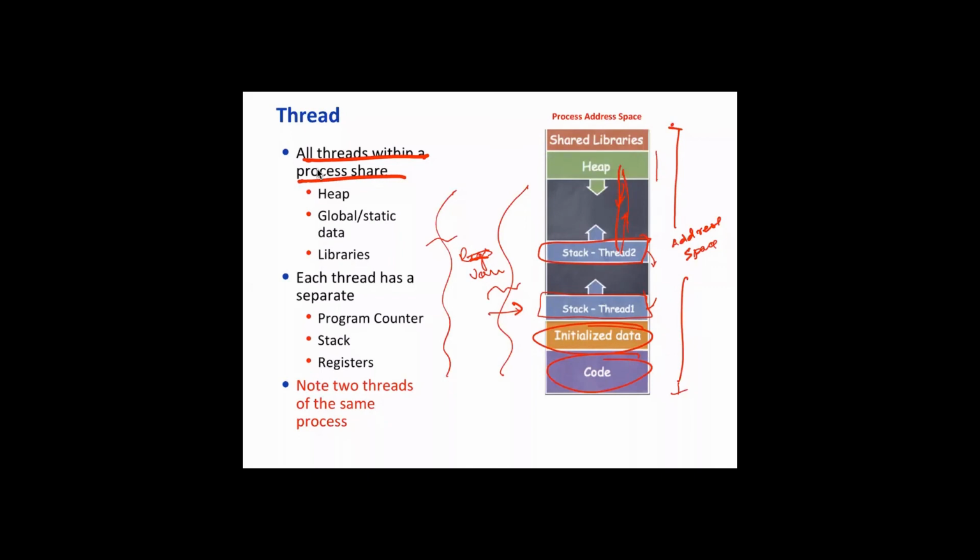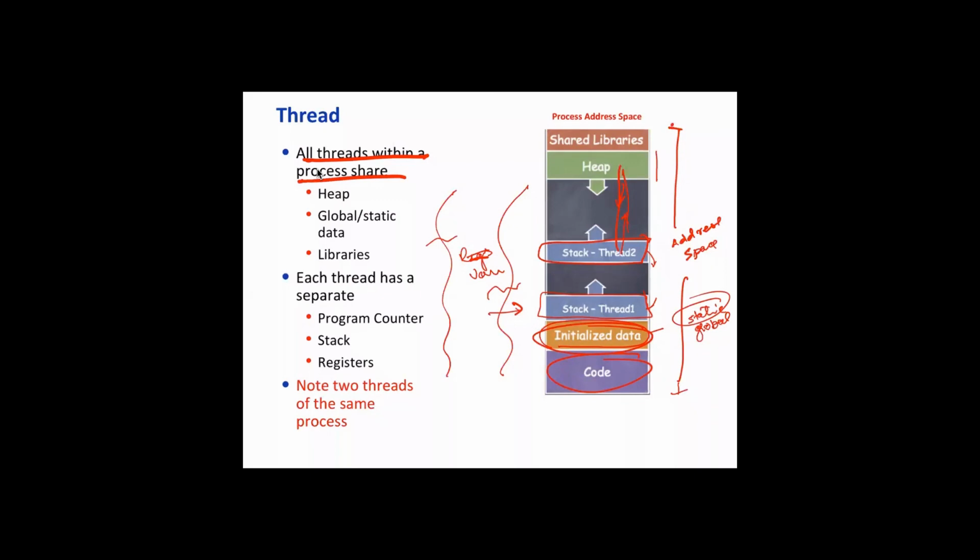Okay. So here, let's assume that at this point in time these are initialized data, because we also use static data and global data. So both are there. Just assume that they are reading something here that is static or initialized data.